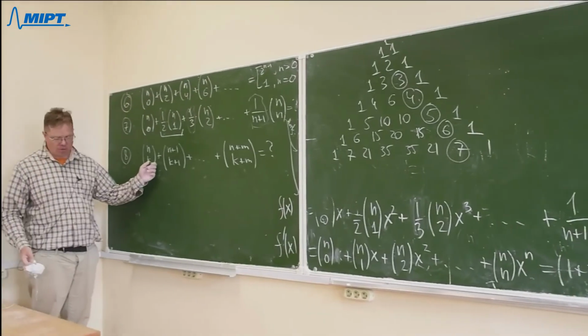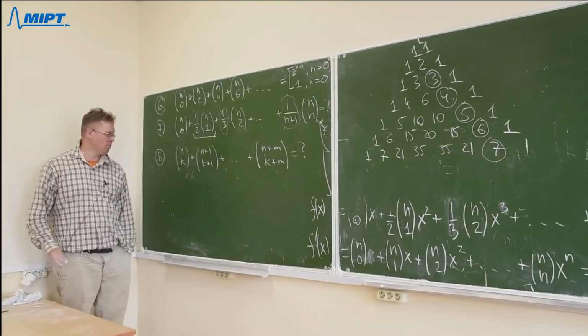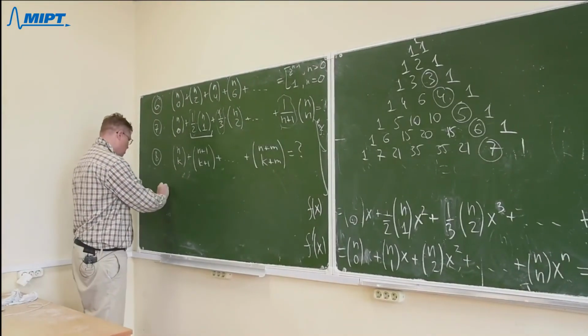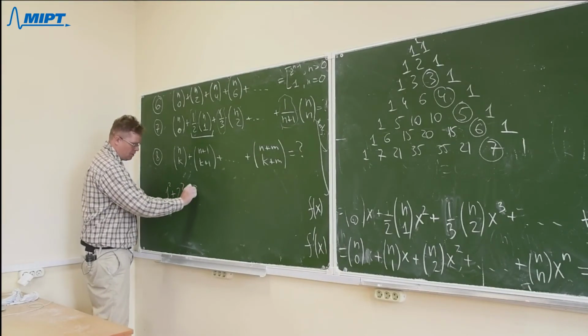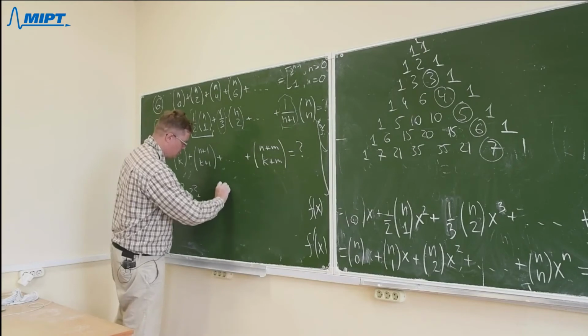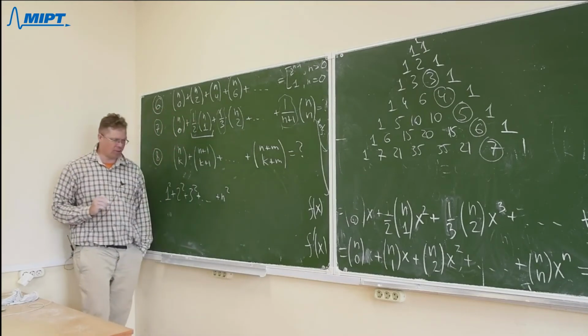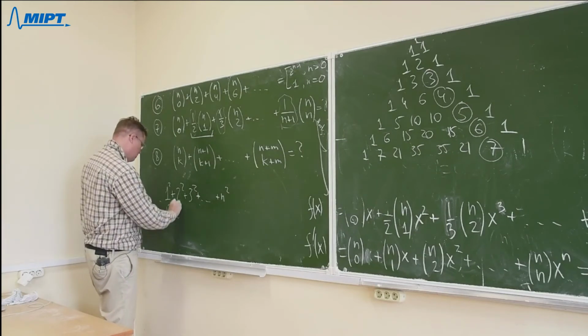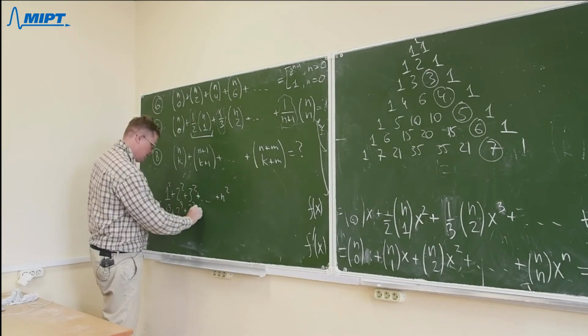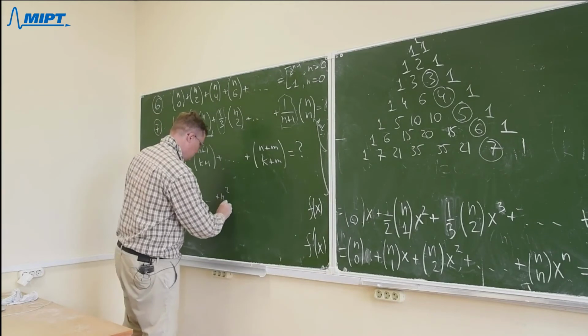So from this formula, actually, we can find, for example, the sum of the squares of numbers from 1 to n, and also cubes, and so on.